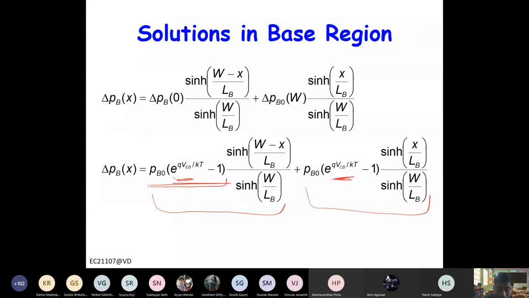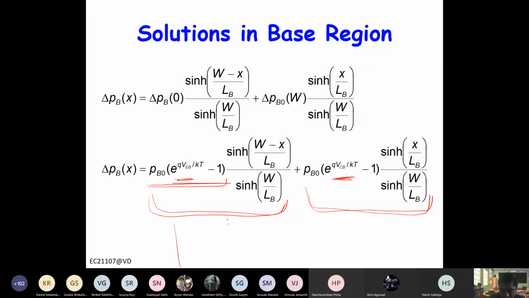So delta P will be 0 basically, if you don't apply any bias. Is it okay? Can you relate with these expressions? You can consider a special case. If VCB is 0, you will only have the first term. If VBE is 0, then you only have the second term.